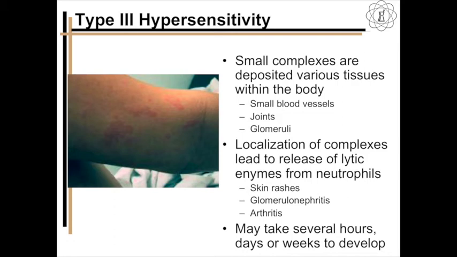And so what you'll see is the symptoms related to that. If it's stuck in the capillaries near the skin, you may very well see a skin rash like you see in this picture here. If it's stuck in the kidneys, you may start seeing your kidney function decrease secondary to these little mini blocks. If you have them in your joints, you're going to start having people complaining of joint pain.